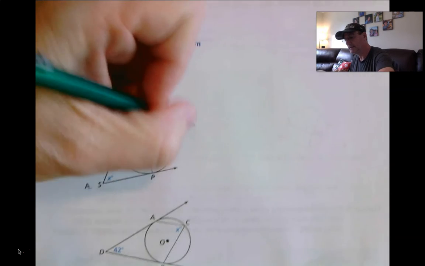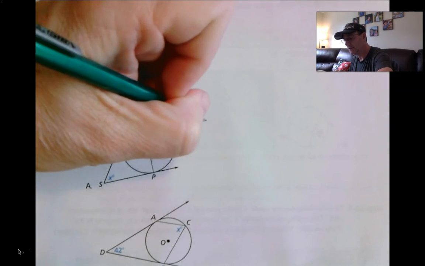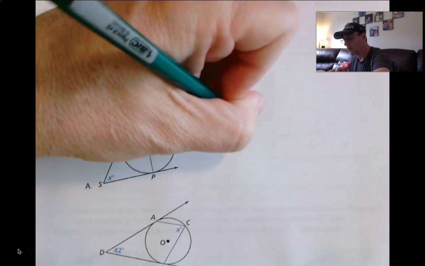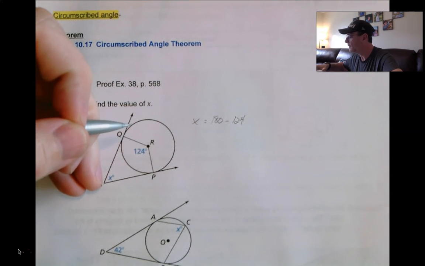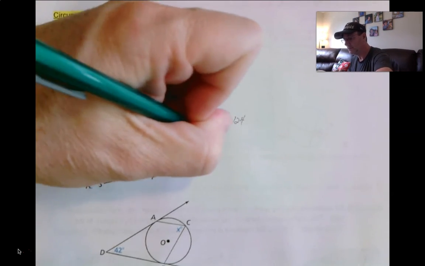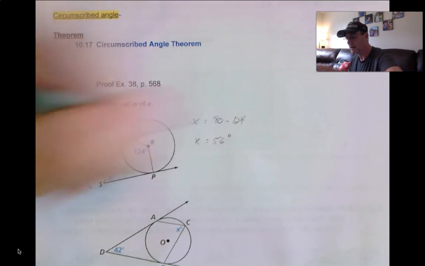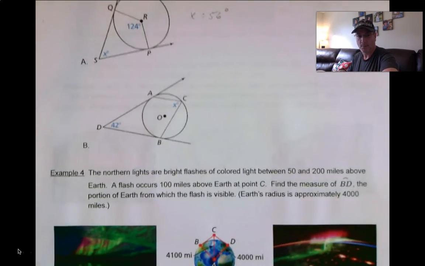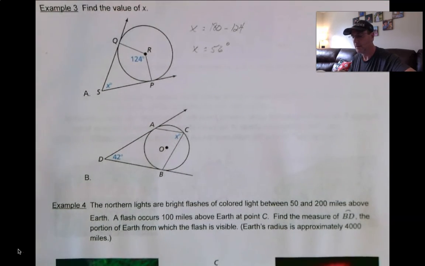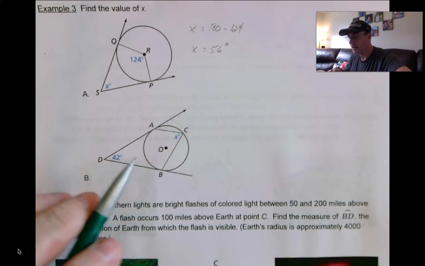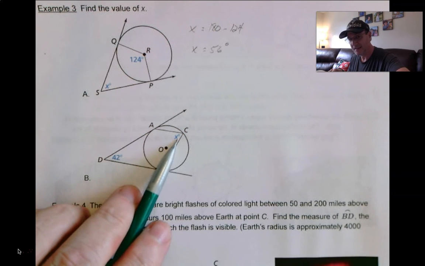So x is equal to 180 minus 124. So 180 minus 124, x is equal to 56 degrees. Part B. So we're going to find the measure of this inscribed angle.